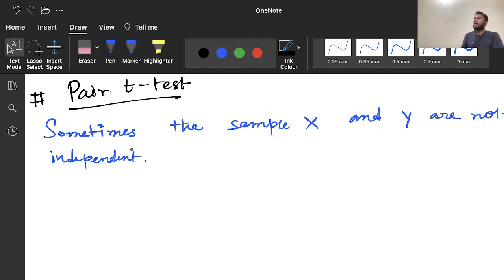Suppose we want to test the morning versus evening performance of a group of cricketers. Then x means the morning test and y means the evening test of a single person, so we cannot say that x and y are independent random variables, but they are dependent on each other.